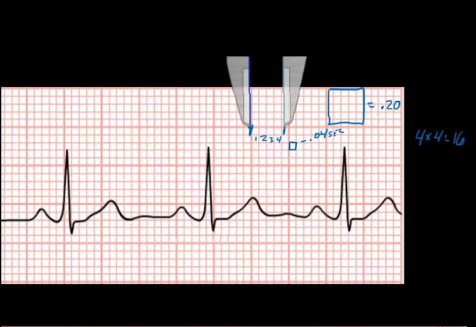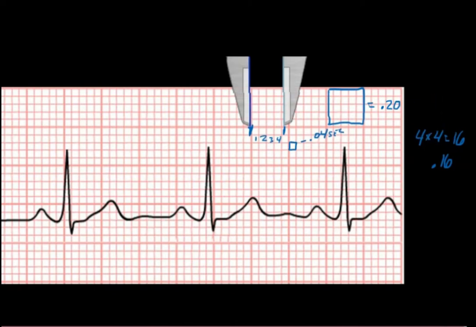I just have to account for my decimal point, and it is 0.16. So it falls within our normal range for a PR interval. That's what we're measuring. And then that's the question you have to answer: is it normal or abnormal? Consistent or not consistent? Well, let's see what consistent means.